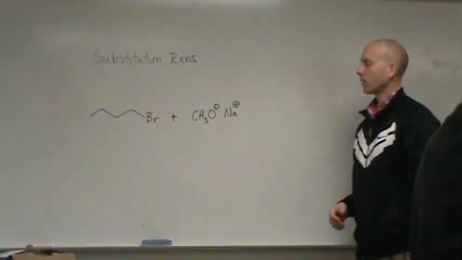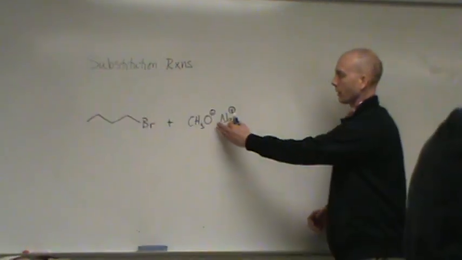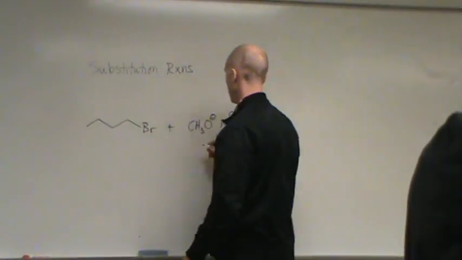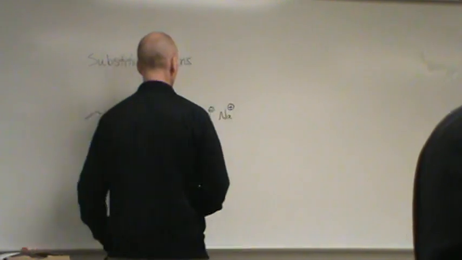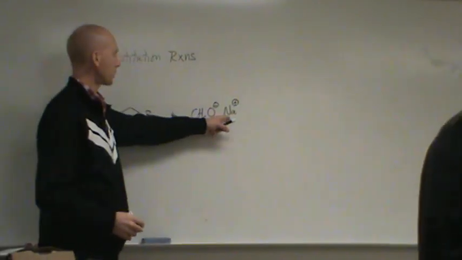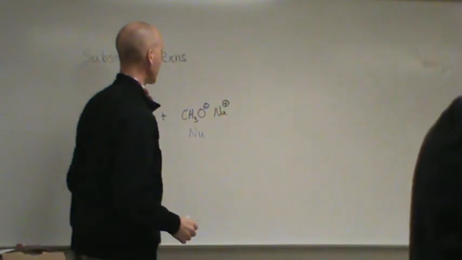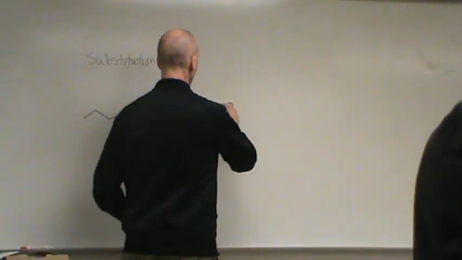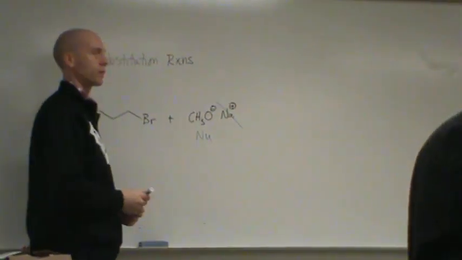Note over here that you have a nucleophile, which is CH3O minus, but you'll usually always have a counterion, a metal counterion, and you can basically ignore that.